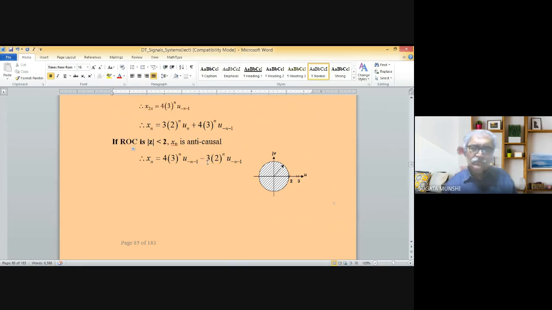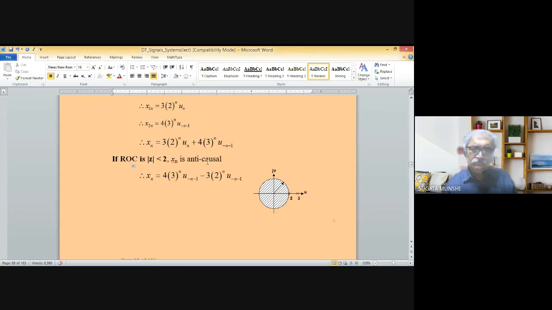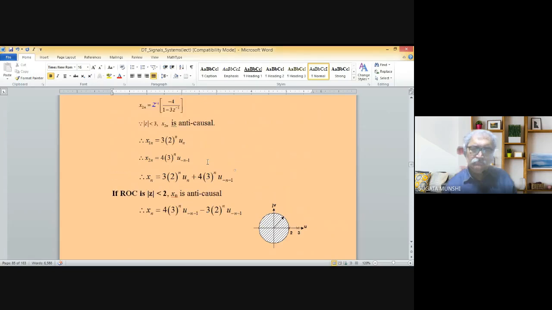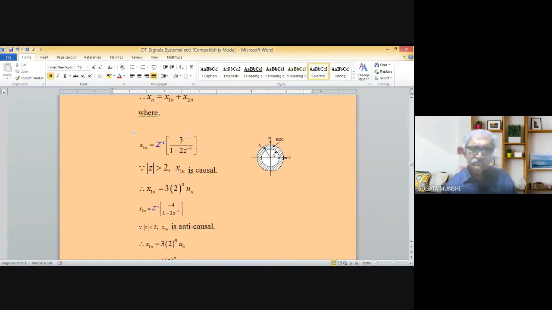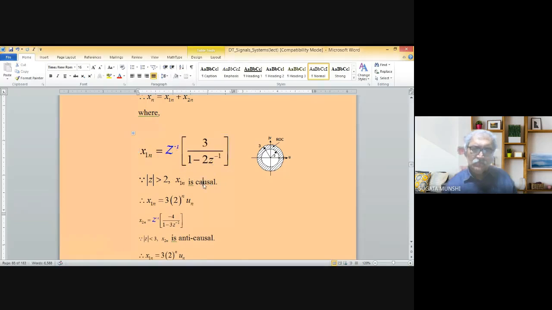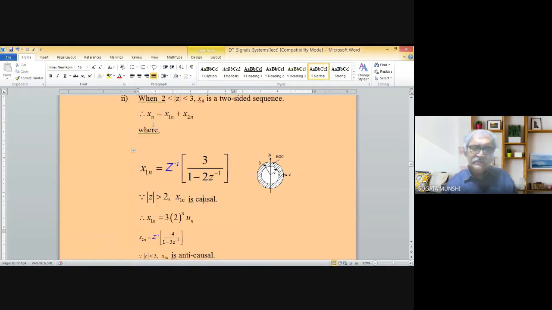Now come to case 2. So I am considering that x[n] is x1[n] plus x2[n]. x1[n] is the inverse z transform of that expression.